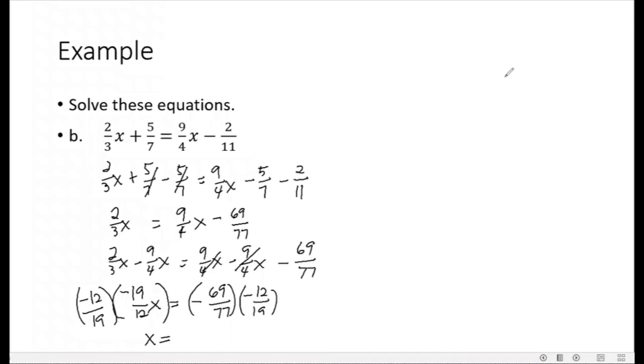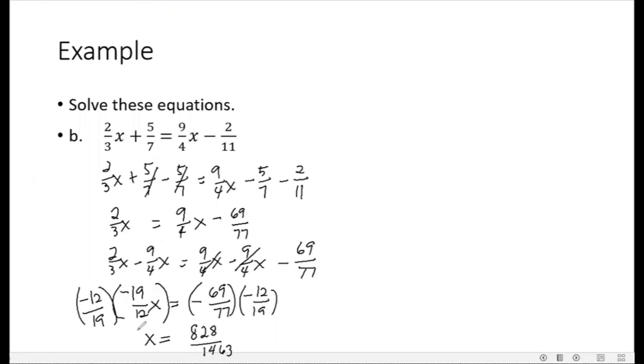Negative 69 times negative 12 gives us positive 828 in the numerator, over 77 times 19, which is 1,463.